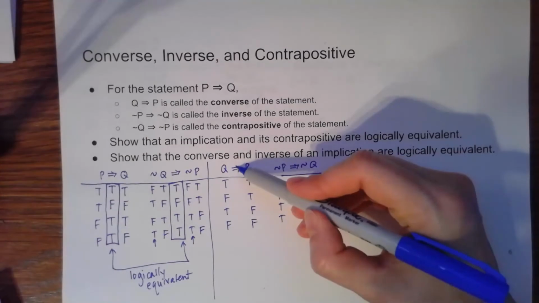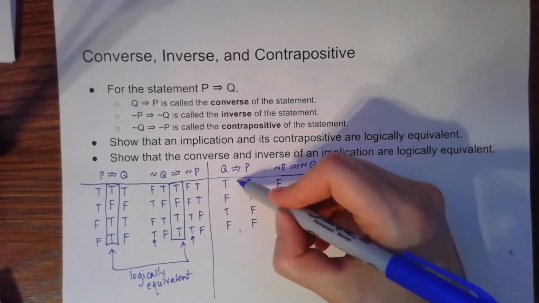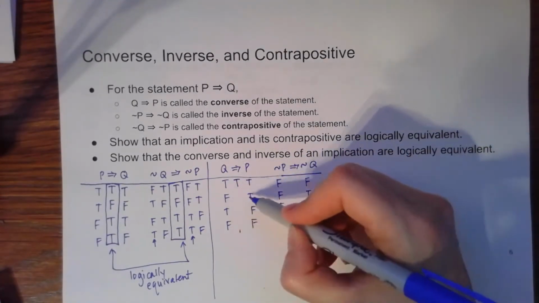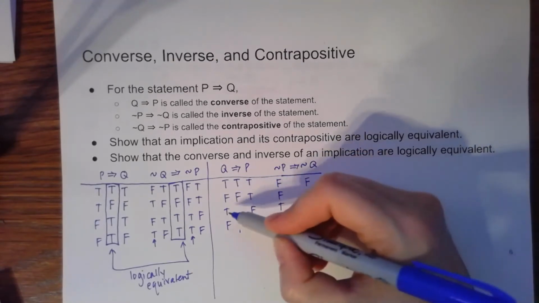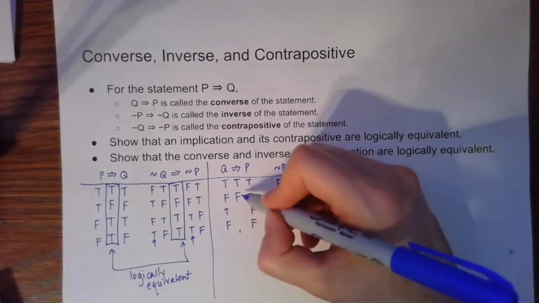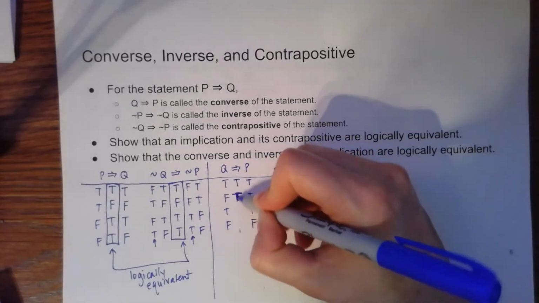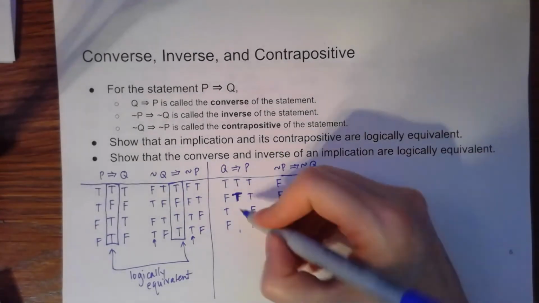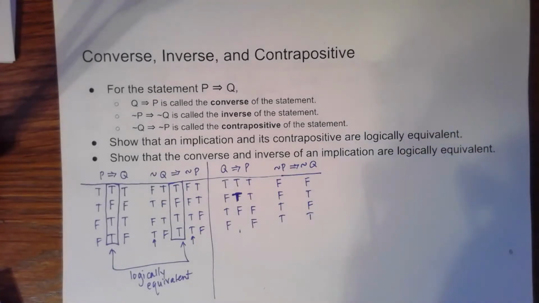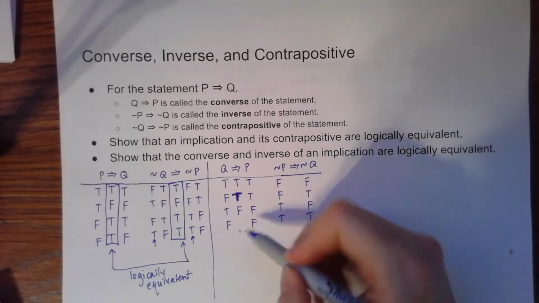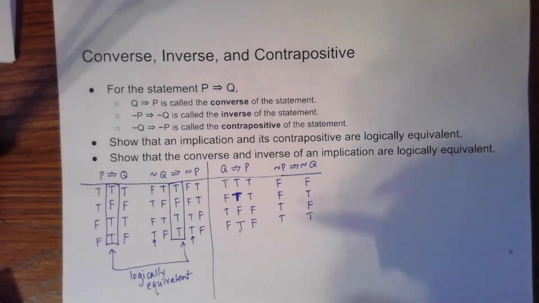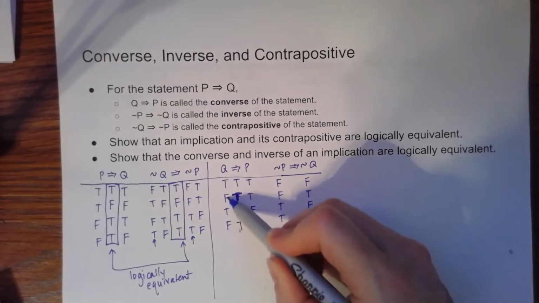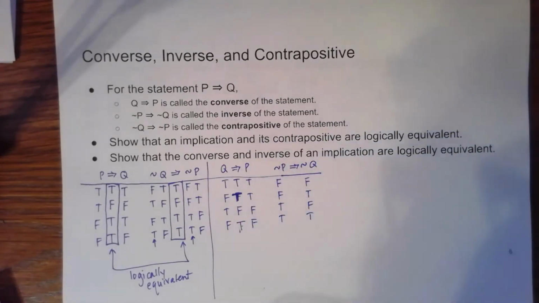Now I need to do the implication. True implies true is true. False implies true is true. True implies false is false. I was getting ahead of myself. And false implies false is true. Notice anywhere we have a false hypothesis, we have a true value for the implication.